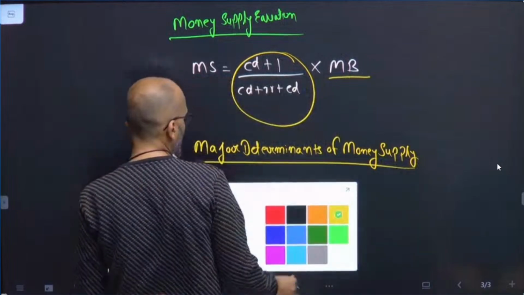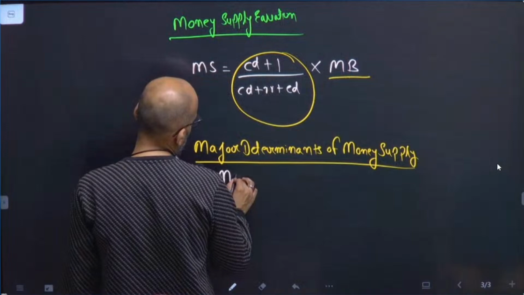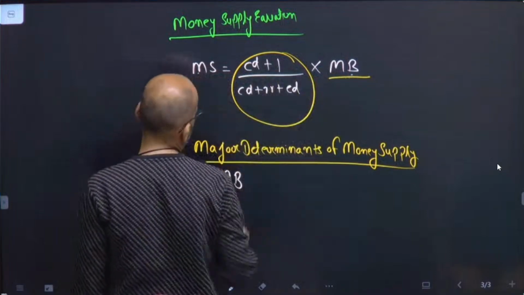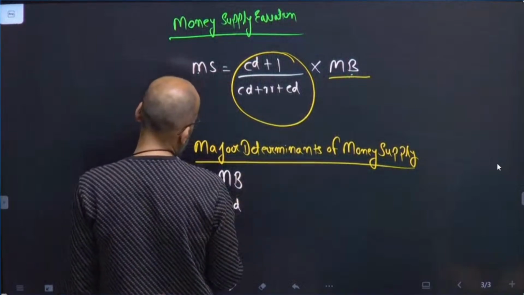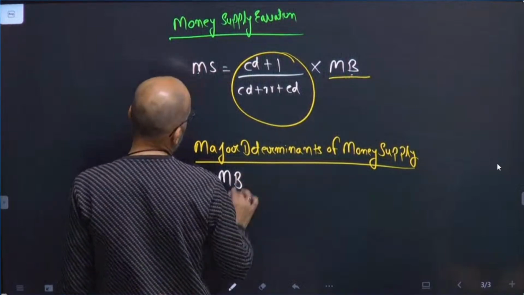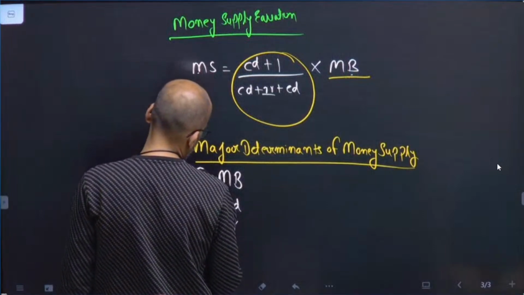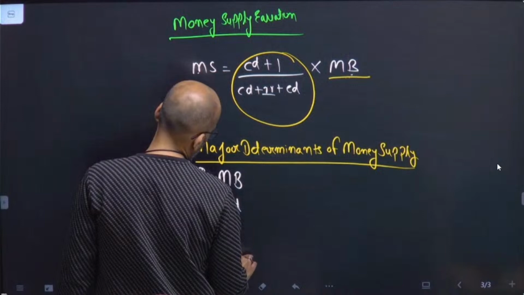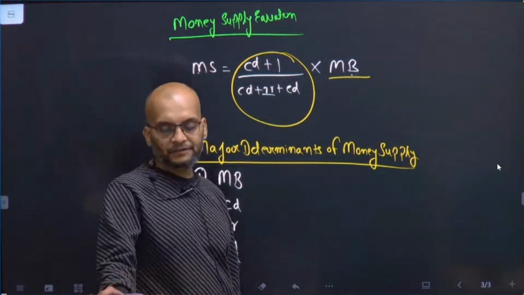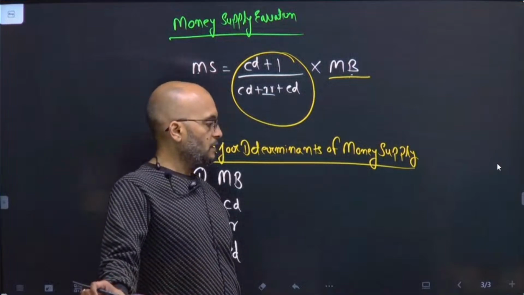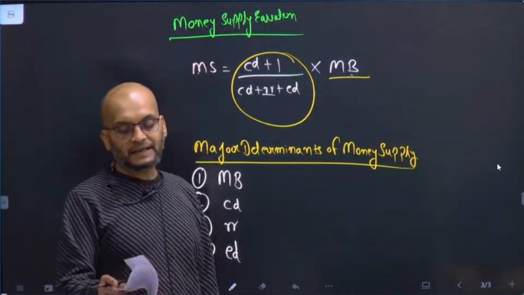What all things determine the money supply? First is monetary base, MB. See, direct relation. Then cash to deposit ratio. Then required reserve. Then ED. Clear, everyone? These are the determinants of money supply.